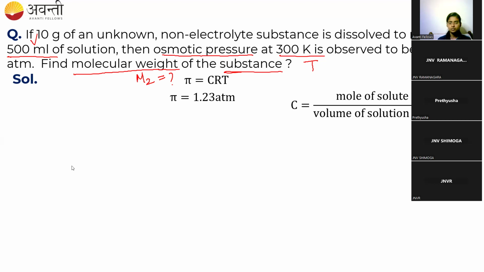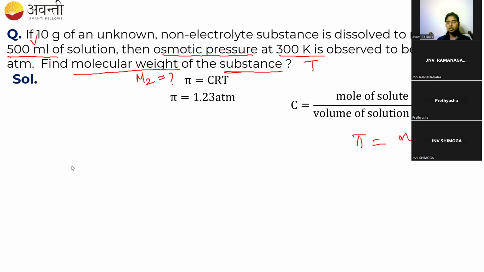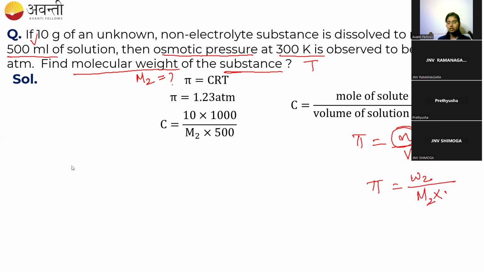So pi will be equal to number of moles divided by volume, into RT. Number of moles can be written like this, and the C value will be 10 into 1000 divided by M2 into 500. Here I can simplify this: this is N2, so mass of the solute divided by molar mass of the solute into volume.